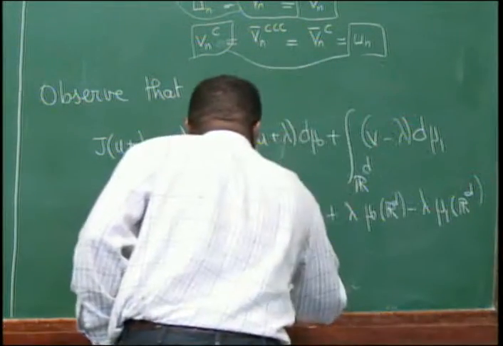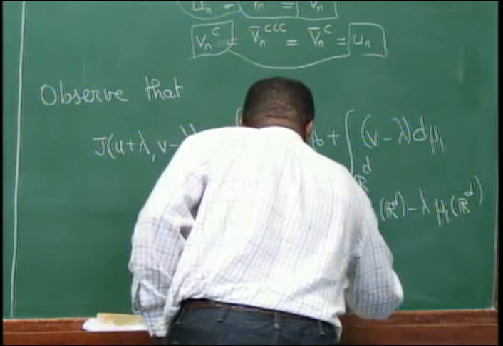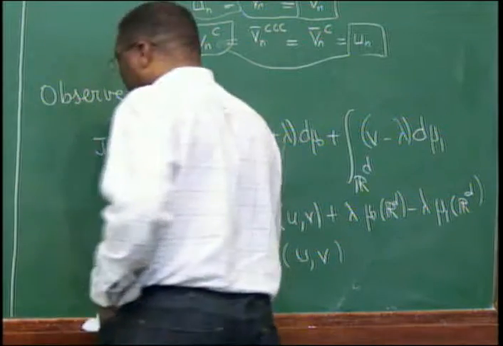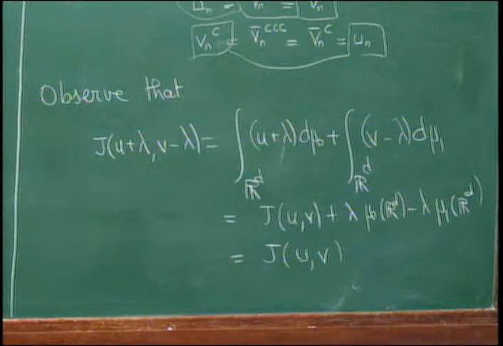And so this is J of (u, v), because mu naught of R^d equals mu 1 of R^d. And so if I add a constant to u and subtract a constant from v, I don't change the value of J.